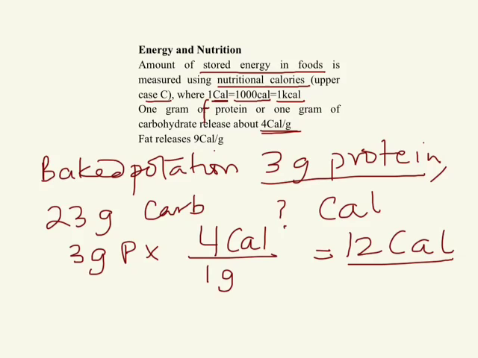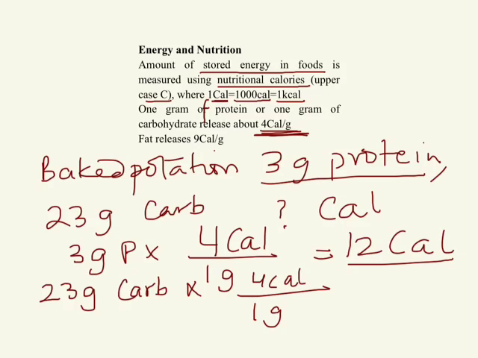Now you also have 23 grams of carb, and we know 1 gram of carb releases 4 calories of energy, and 23 times 4 is 92 Cal. So what will be the total? Total will be 104 Cal. Now this C is uppercase, it's not a lowercase c. If you have to change it to the lowercase c, you have to multiply this number by 1000.